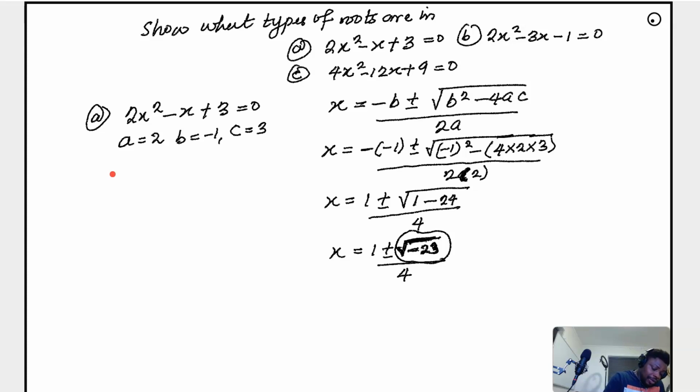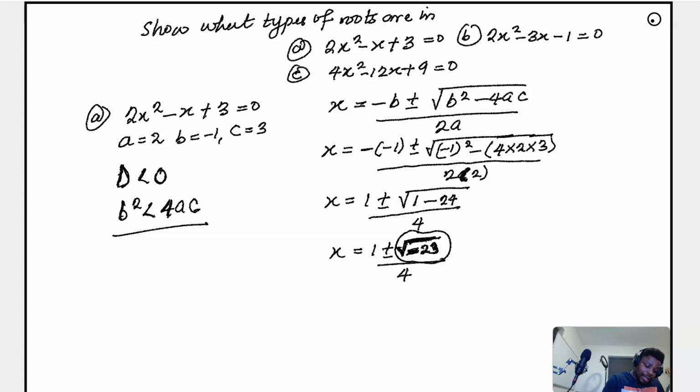So that is why I told you here that d is going to be less than 0, which simply means b squared is less than 4ac. So when your b squared is less than 4ac, you are going to have a negative value in the root.